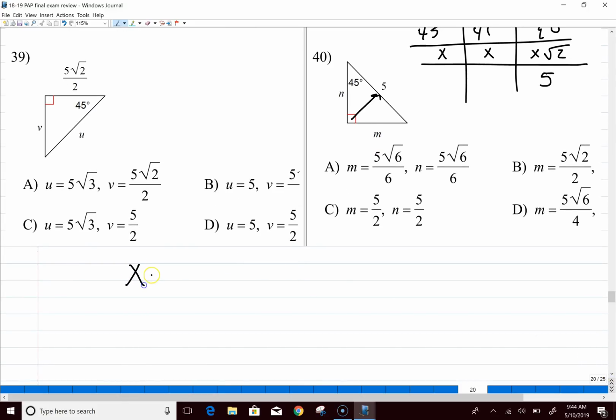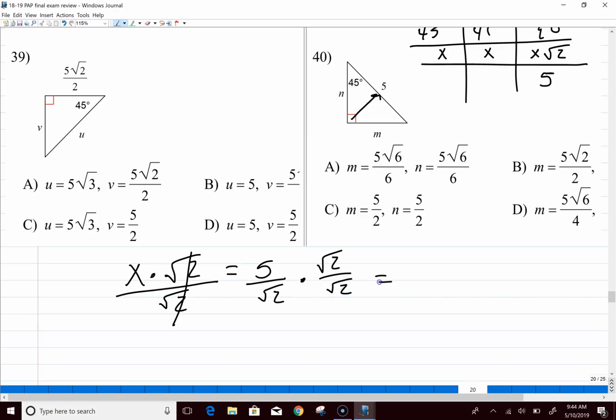So that means x times the square root of 2 is equal to 5. You get x by itself, divide by the square root of 2. Then can we have the square root of 2 in the bottom? No. So how do you get rid of the square root of 2 in the bottom? You multiply by the square root of 2 over the square root of 2. 5 times the square root of 2 is 5 times the square root of 2.